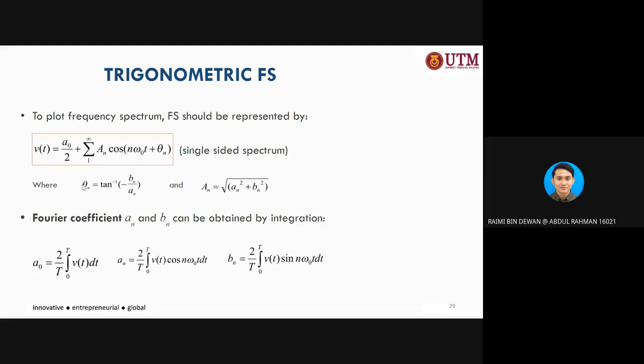Then you can see the angle. The angle for the Fourier series is theta n, inverse tangent of negative b_n over a_n, a bit similar to the previous slide. And the amplitude capital A_n is the square root of a_n squared plus b_n squared. To obtain the Fourier coefficients a_n and b_n, we can obtain them by integration.